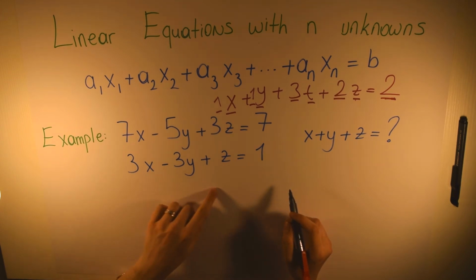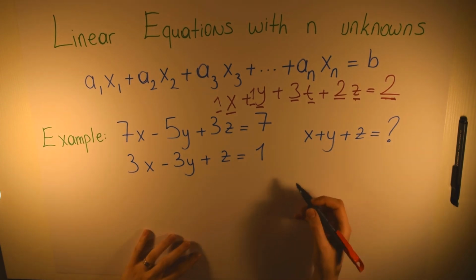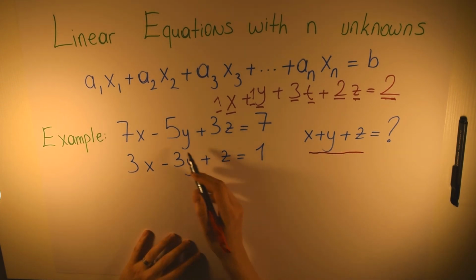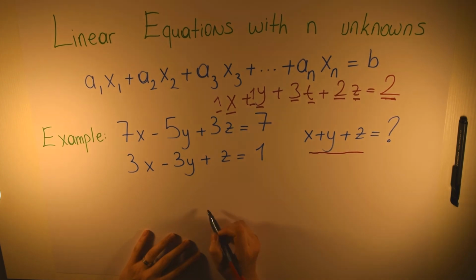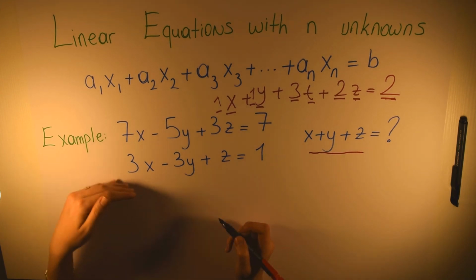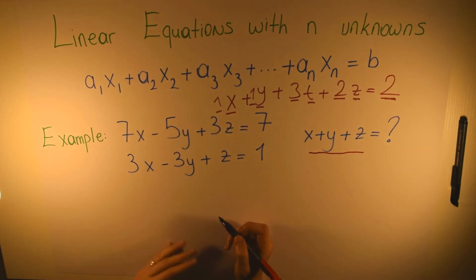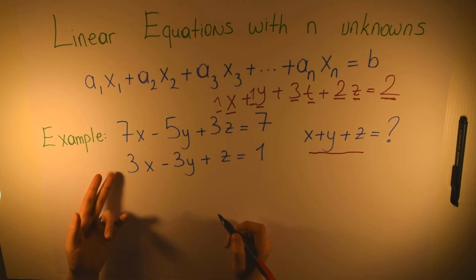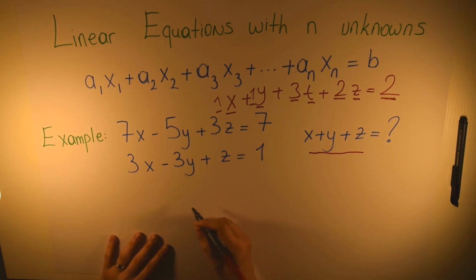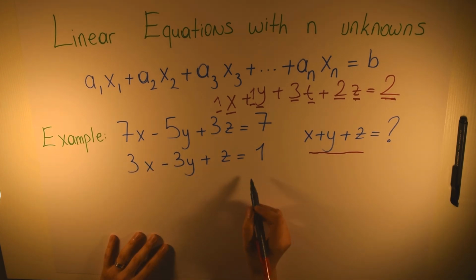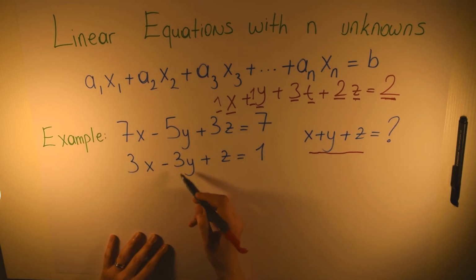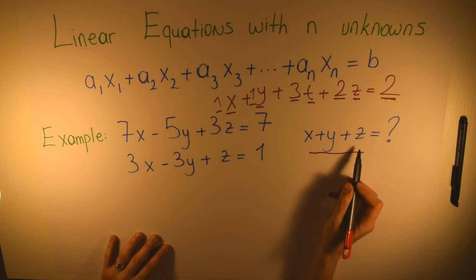You will try to find this expression out of these two equations. So you can add them together, you can subtract them, or you can multiply one of them by some number to cancel some terms. So let's see this example. Here, when I add them together, I don't get this expression.